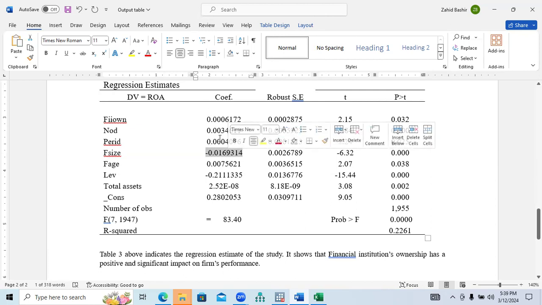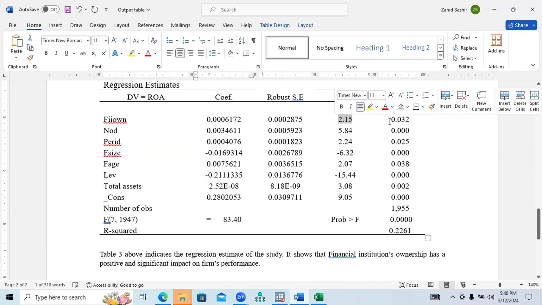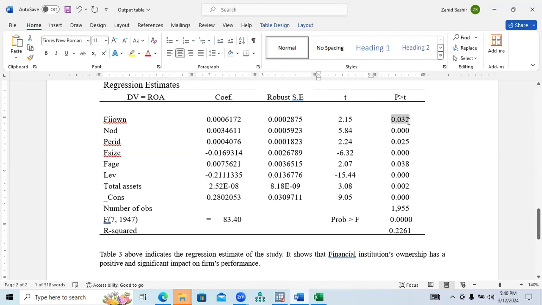You don't need to write strong positive or strong negative. You just need to write positive or negative impact. So in case of FI ownership, there is a positive impact, and it is significant because the t value is greater than 1.96 and the p value is less than 5%. So we can put it here.